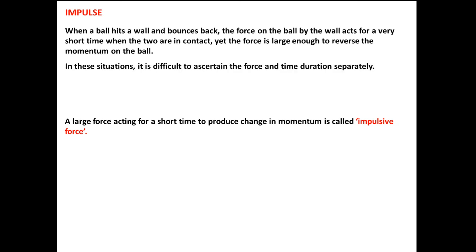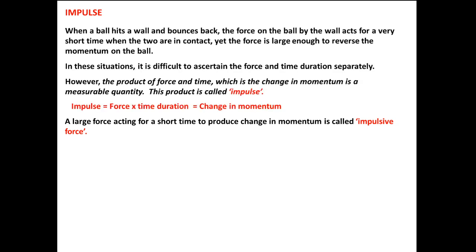Now the impulse. What is impulse? When a ball hits a wall and bounces back, the force on the ball by the wall acts for a very short time. When the two are in contact, yet the force is large enough to reverse the momentum of the ball.